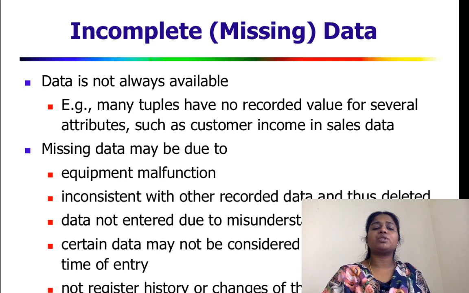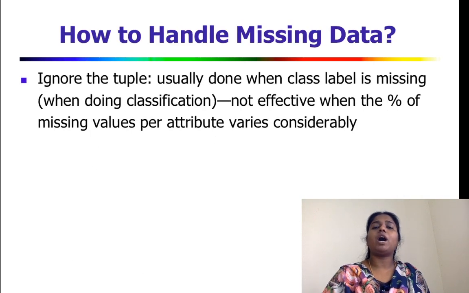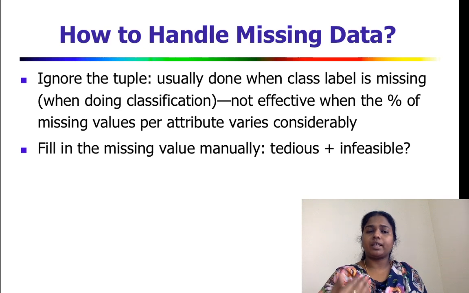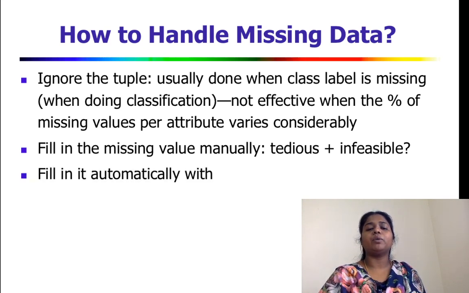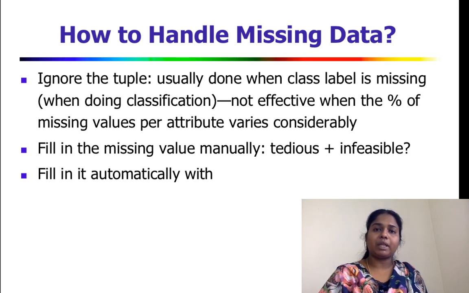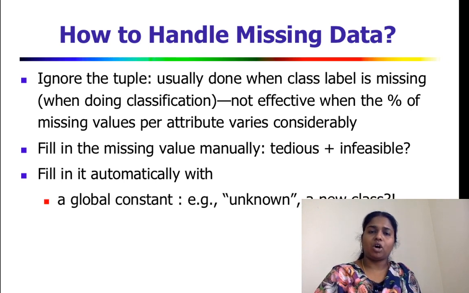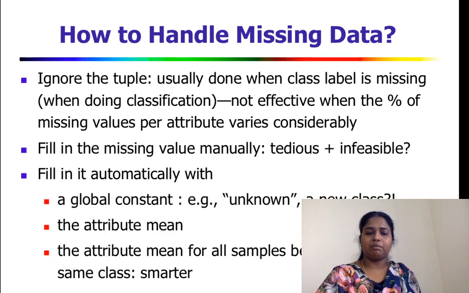Then we looked into certain methods of how to add some value to that missing field so that the data becomes complete. You can either ignore the tuple, or you can manually fill it with the value, or you can use automated methods for filling in that empty value by using either a constant or an arithmetic mean, or you divide them into different classes and then find the mean.